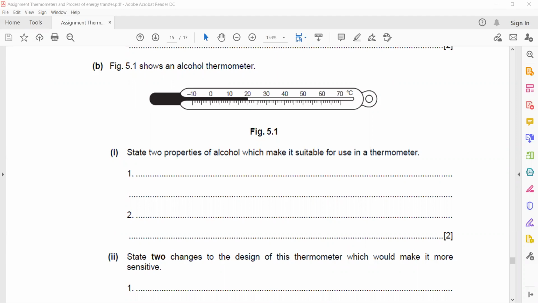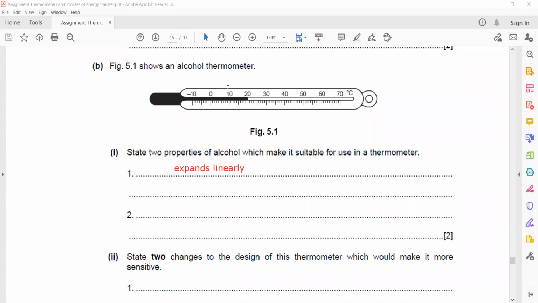It expands linearly. Expanding linearly means uniform expansion, so you have equal distribution of the markings on the thermometer.